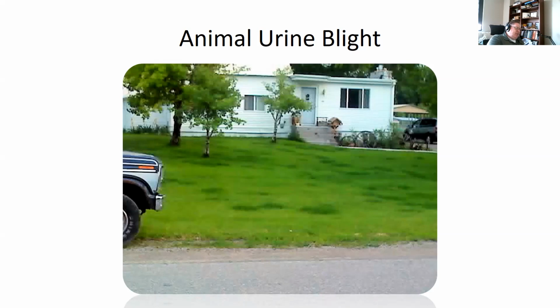Some other strategies: let's say you have outdoor pets, especially in the summer, you can train them to go to the bathroom in a certain area, and say you put gravel down or something, that can work. Otherwise, you just have these dead spots in your lawn, and eventually they kind of move around with where the pets go to the bathroom, but they do go away as you irrigate and we get rain.